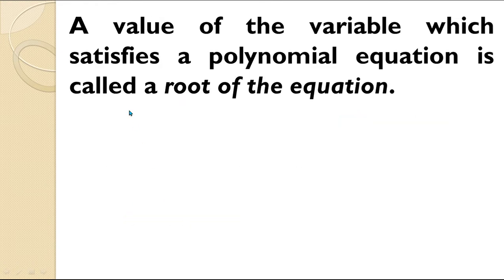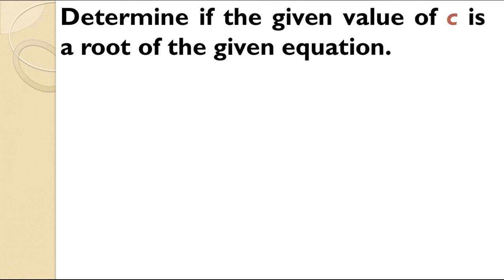A value of the variable which satisfy a polynomial equation is called a root of the equation. So, we have here examples. Determine if the given value of c is a root of the given equation.